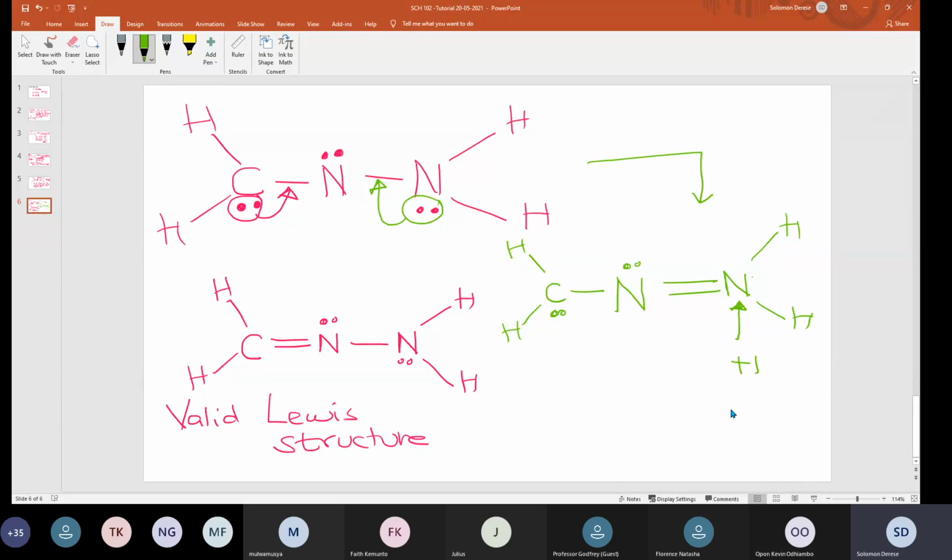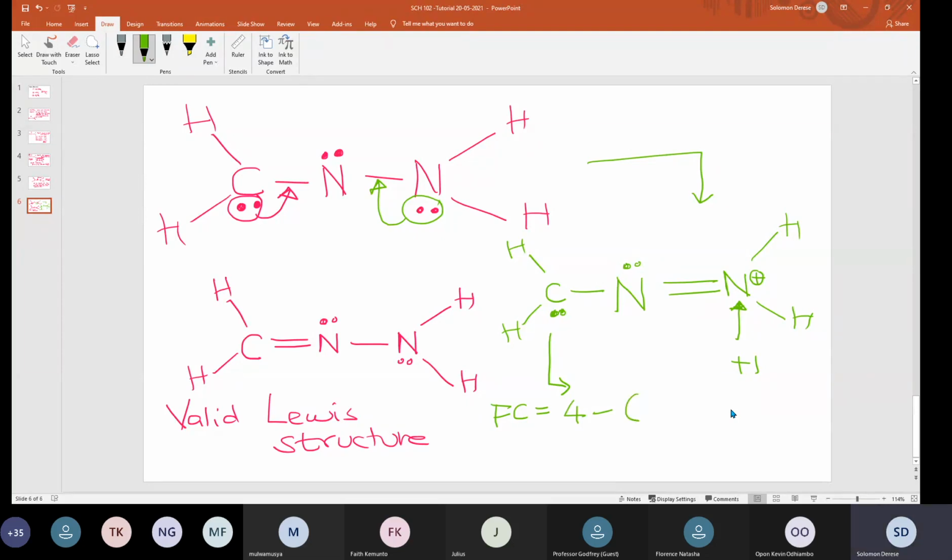Then if you look at the carbon, we can calculate the formal charge for this carbon if you want. Formal charge is equal to the number of valence electrons. The number of valence electrons of carbon is 4 minus.